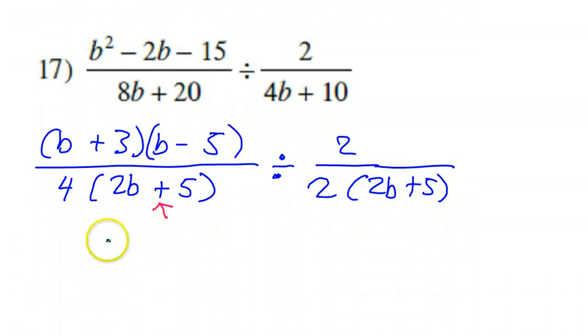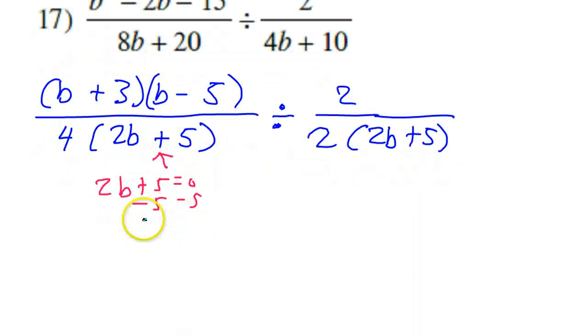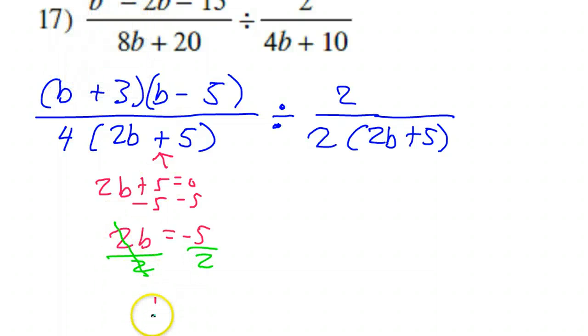If I set 2b plus 5 equal to 0, I get 2b equals negative 5, so b equals negative 5 over 2.